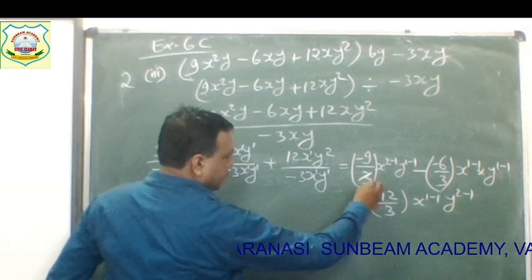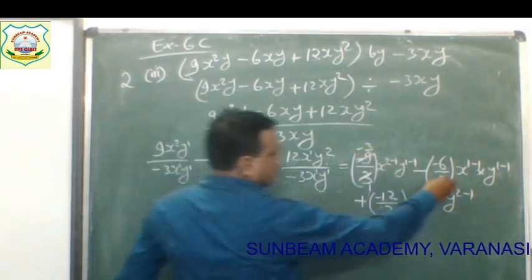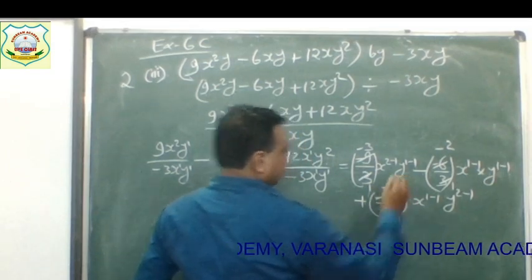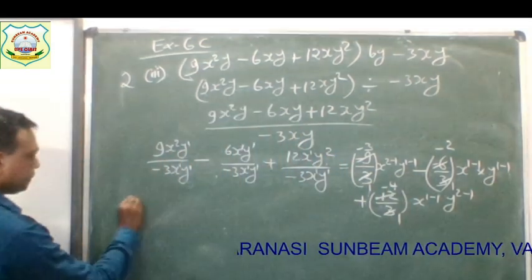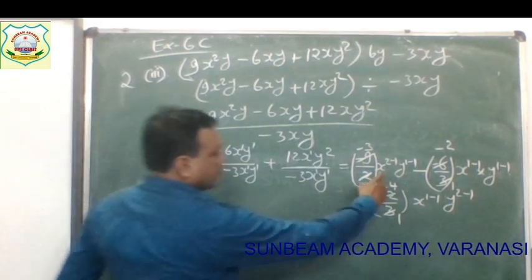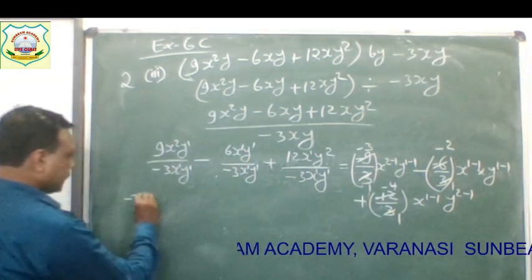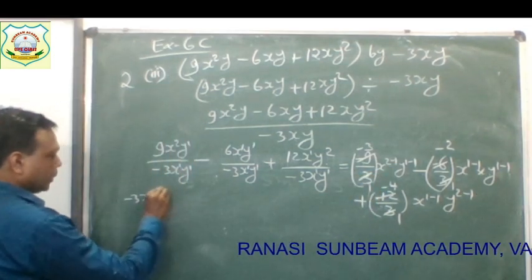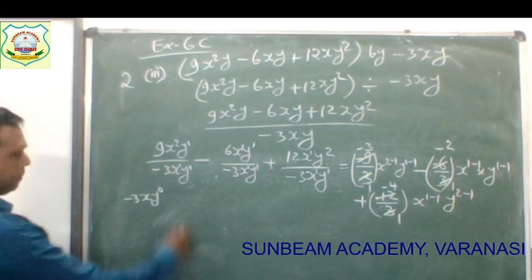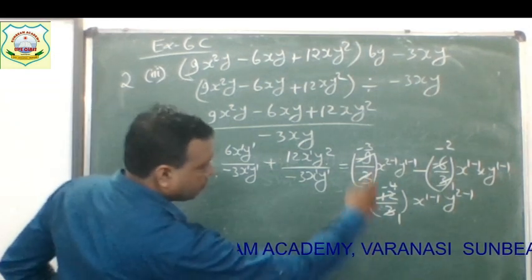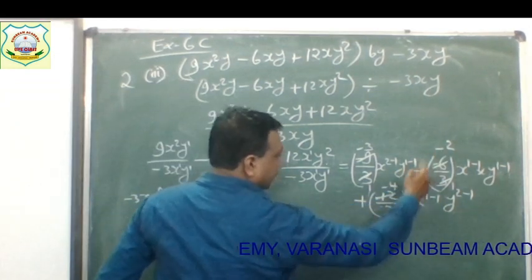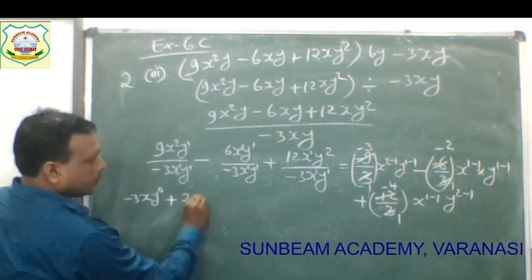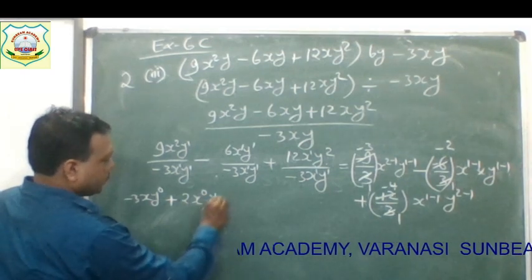this one will be cancelled. Minus 3, minus 2, minus 4, minus 3, x power 2 minus 1, that is x power 1 or x, y power 1 minus 1, then y power 0, clear? See here, this minus and this minus make plus, so 2 x power 0 and y power 0.